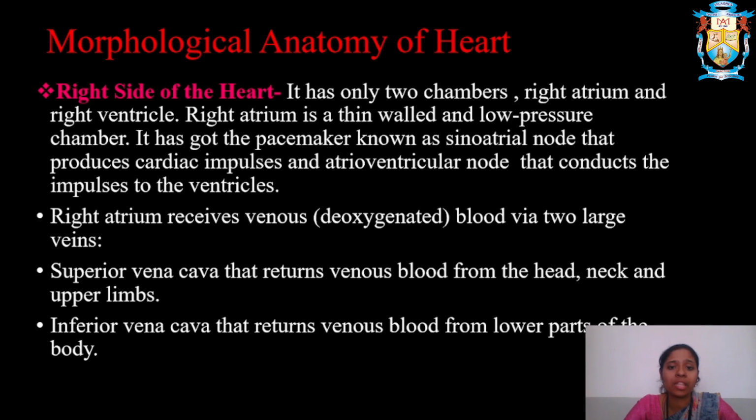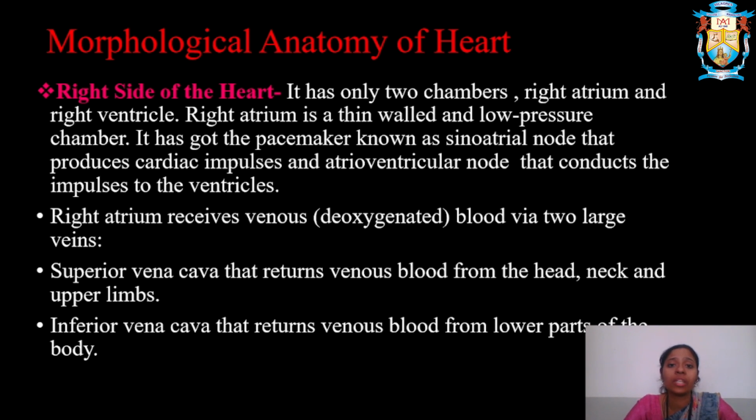It has the pacemaker known as the sinoatrial node that produces cardiac impulses, and the atrioventricular node that conducts the impulses to the ventricles. As the name goes, the sinoatrial node will be at the upper side, that is at the atrium, and the atrioventricular node will be present toward the ventricle of the heart. So this is for the right side of the heart.